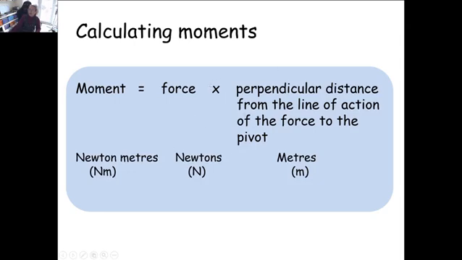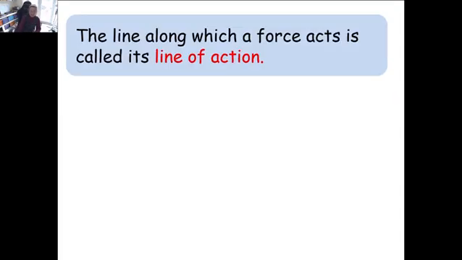Okay, now this is a bit of a mouthful. What on earth do we mean by the perpendicular distance from the line of action of the force to the pivot point? Well, for that we need to appreciate the line of action of a force. The line along which a force acts is known as its line of action.